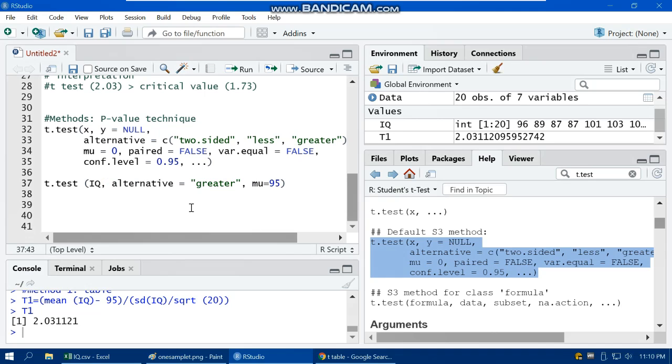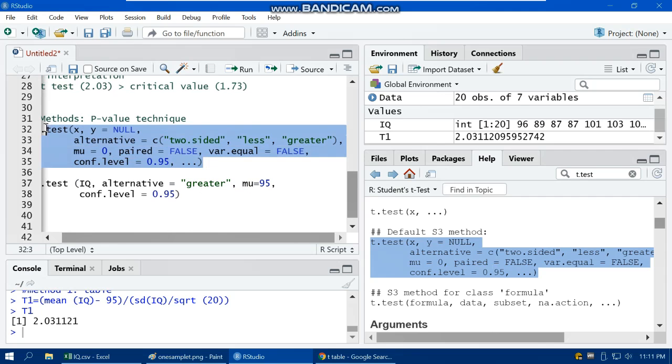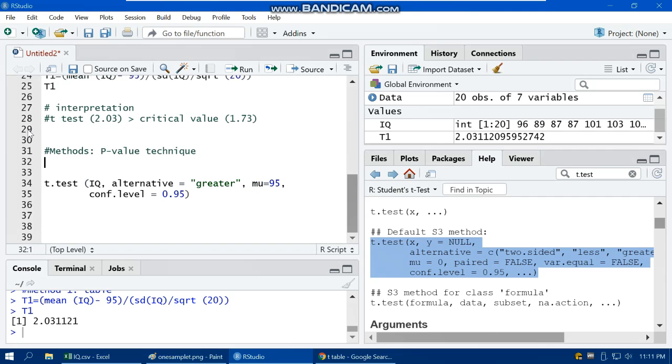So the population mean. This is not a paired t-test, this is not variance equal, this is not really important, but we want to do the test at the 95% confidence level, right? So I'm going to run the t-test on the IQ level to see whether it's greater than the population mean at the 95% confidence level.